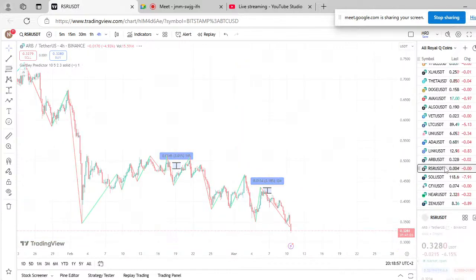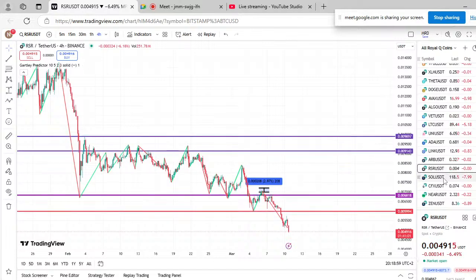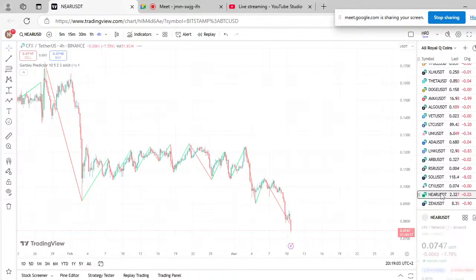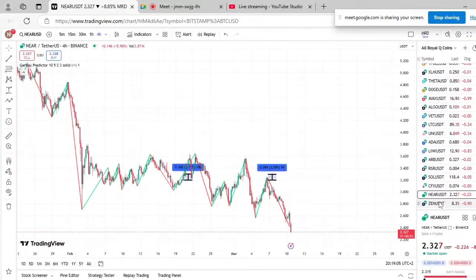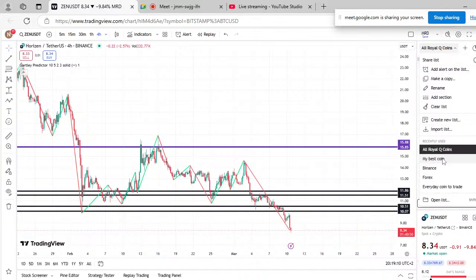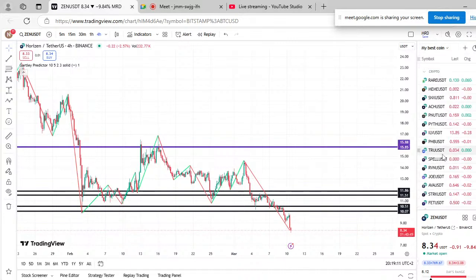Where is another one? So indicators are many. It's for you to decide which one you are going to use. This coin is rare. Who is chasing it?